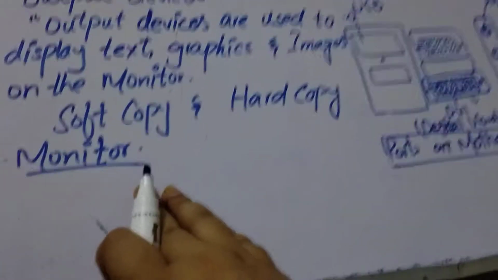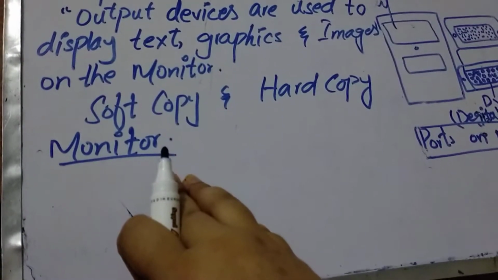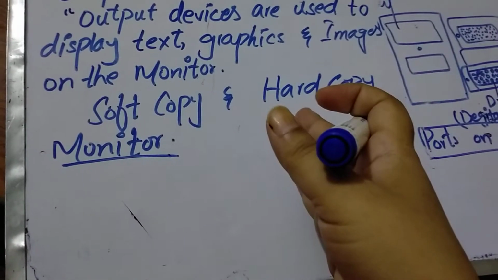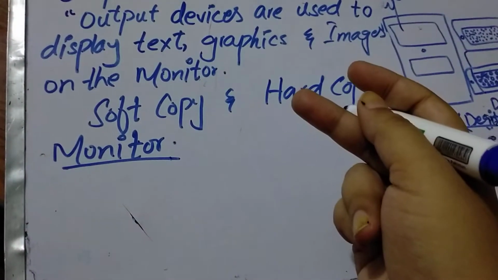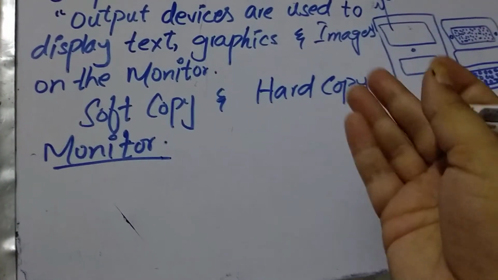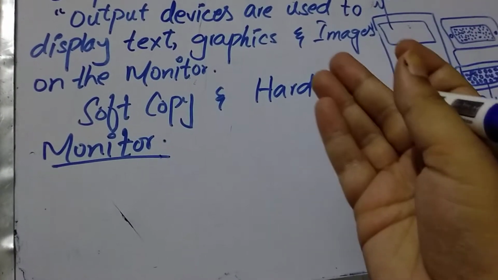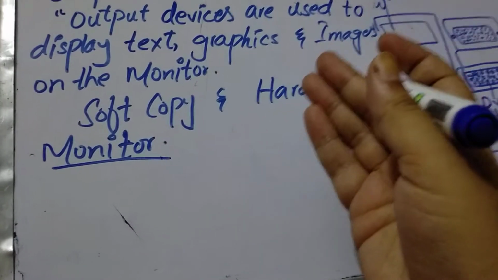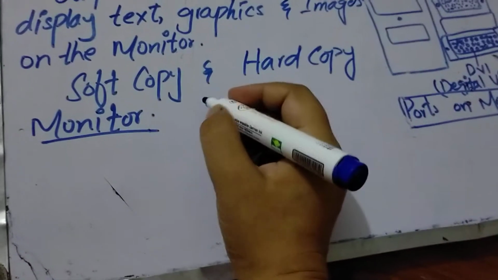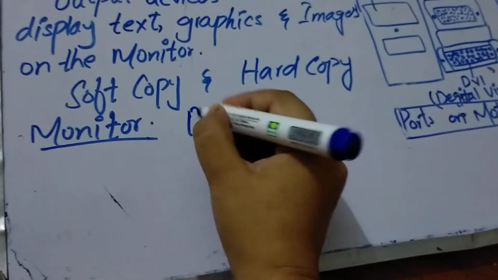And next is monitor. We explained it already. What was the monitor? It is the screen on which information is displayed. There are two types of monitor, CRT and LCD. CRT stands for cathode ray tube and LCD is liquid crystal display. And next is printer.